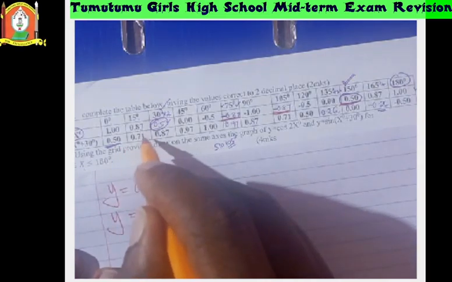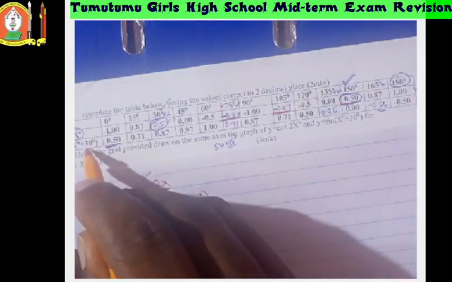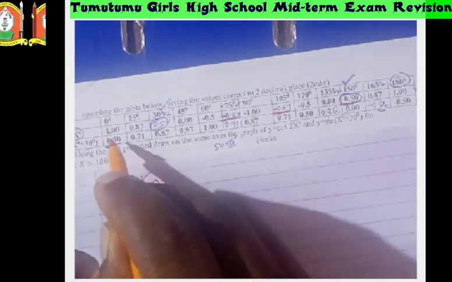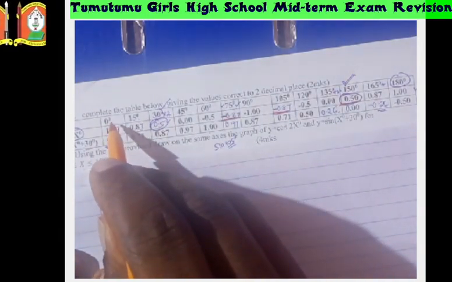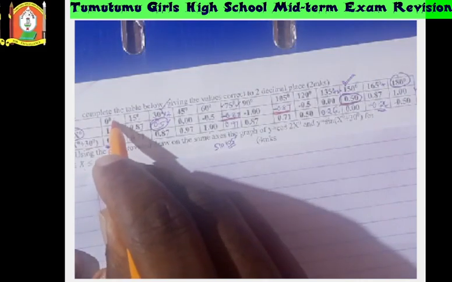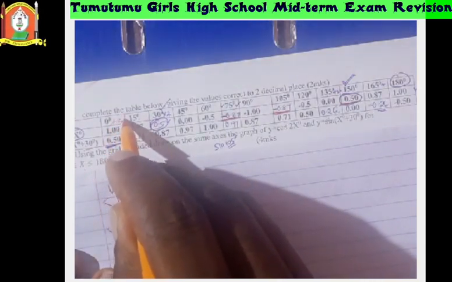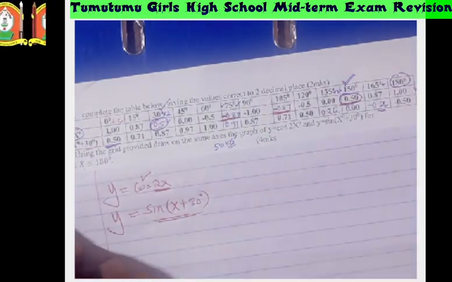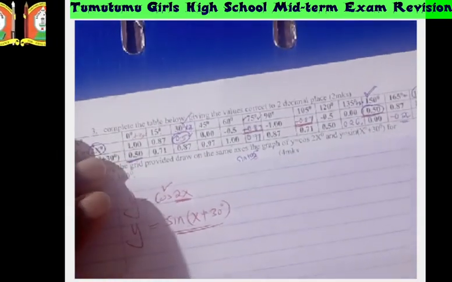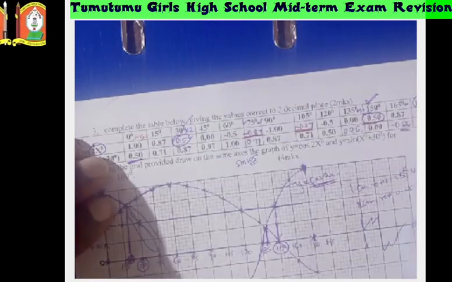Then we increase the value of x by 30 and find its sine. For example here, it will be the sine of 30 because it is 0 plus 30, according to what we are given. So after filling the table, we find the corresponding values.